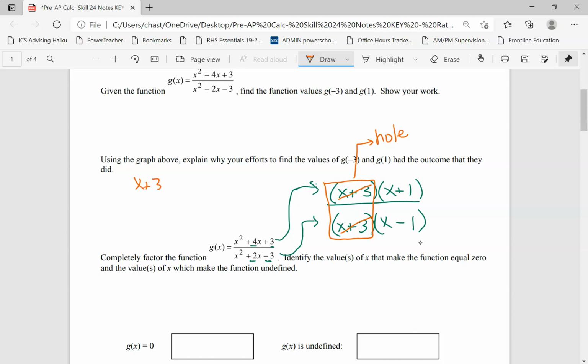Well, x plus 3 equals 0 when x equals -3. The function is undefined there because we can never have a denominator value equal 0. But if you had a factor that canceled from top and bottom, that means you're going to have a hole. It is a discontinuity, but a less invasive one, if you will.